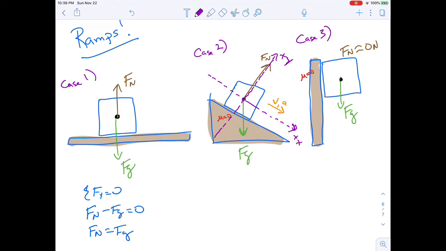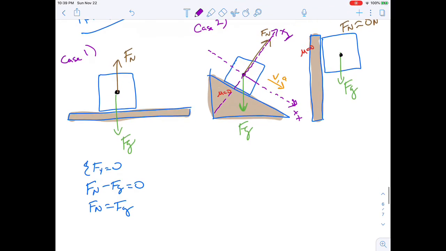So if I utilize this kind of twisted or rotated coordinate system, the good news is that the normal force is now along an axis, the y-axis. But the bad news is that the gravitation is now in a quadrant, in this particular case the fourth quadrant. That means that, according to this coordinate plane, gravity now has components.